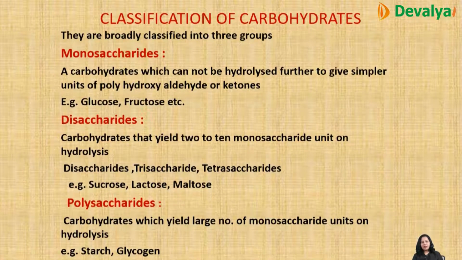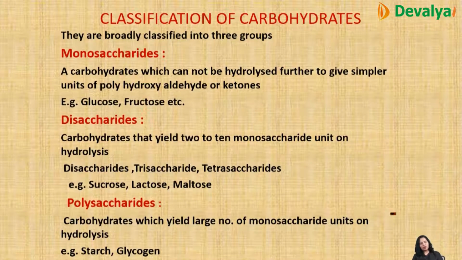Then is the disaccharide, which yields 2 to 10 monosaccharide units. If there are 2 saccharide units, it is a disaccharide; 3, tri; 4, tetra, and so on. The disaccharide examples in the syllabus are sucrose, lactose and maltose. Then is the polysaccharide, which yields a large number of monosaccharide units, for example starch and glycogen.